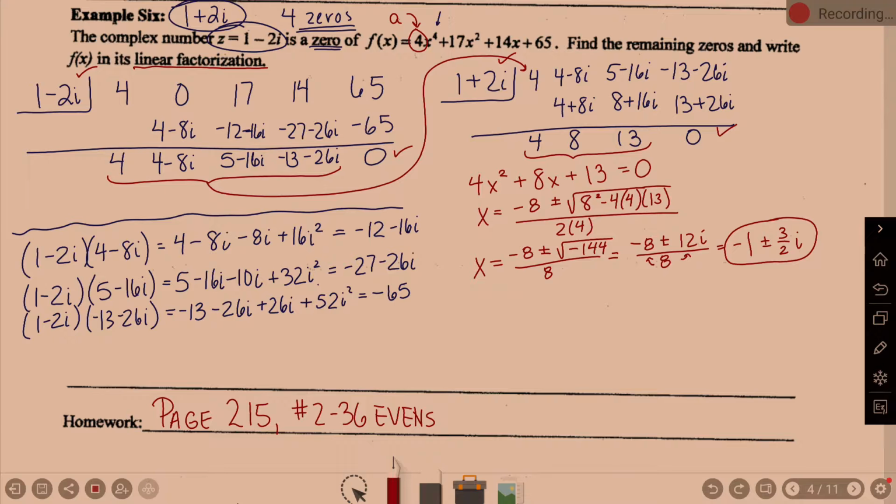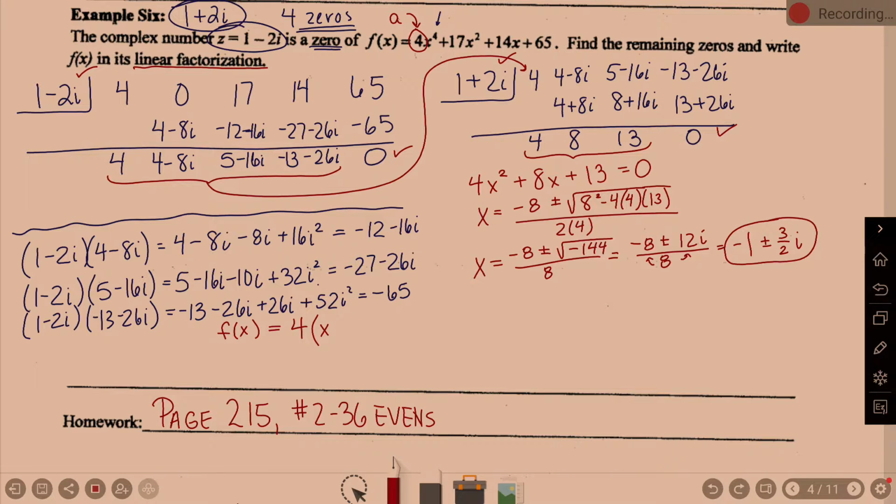And I'm talking for the original problem, right? Obviously not the A from my quadratic formula here, but we have that A value. So if the A value is other than 1, you always need to incorporate that in front of your linear factors. Okay, let's see if I can, I'm going to start it right here. So f of x equals, I'm going to start by having a 4, and then x minus, the first 0 they gave us was 1 minus 2i.